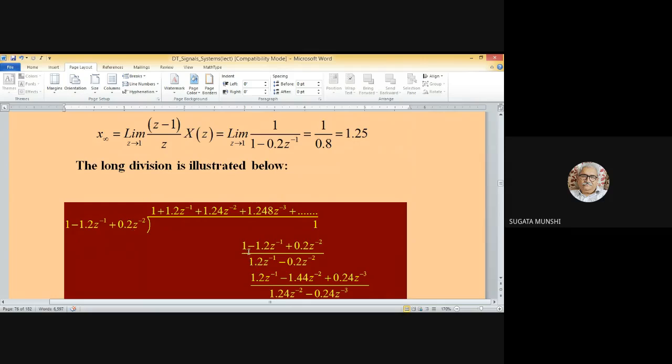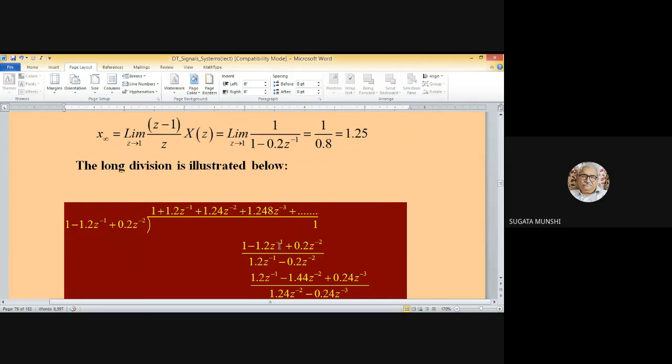So you get here 1 minus 1.2 z to the power minus 1 plus 0.2 z to the power minus 2. If you subtract this term from 1, it is plain and simple division, the type of division that you learned at school level in your primary classes.